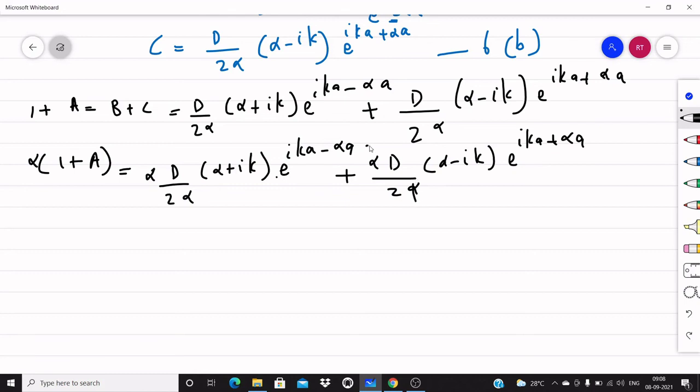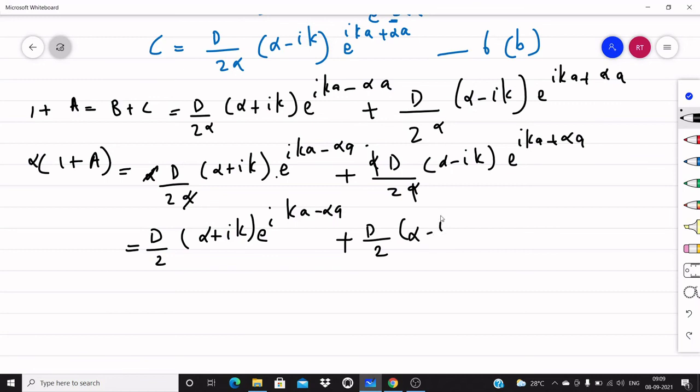These alphas get cancelled here also. So what you have is d by 2 alpha plus ik e raised to ika minus alpha a plus d by 2 alpha minus ik e raised to ika plus alpha a. So I'm going to name it 7a.